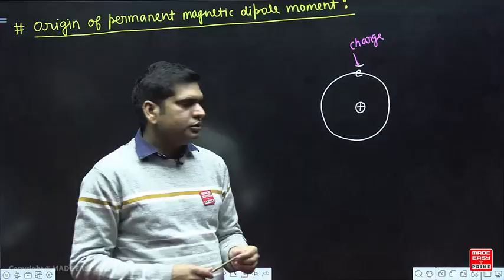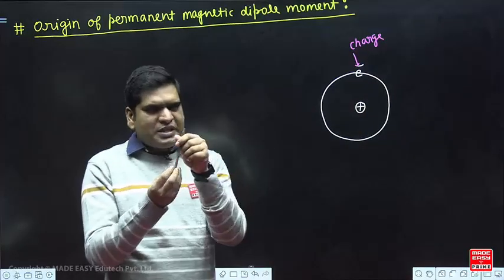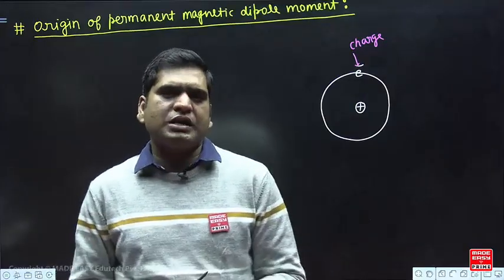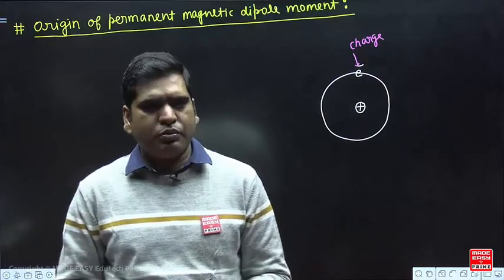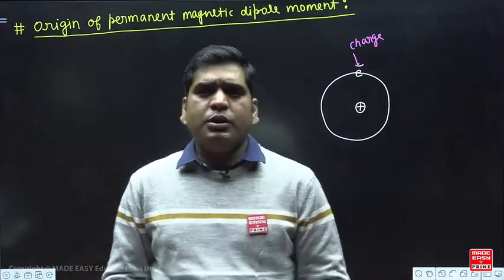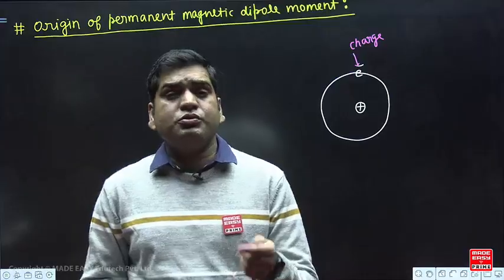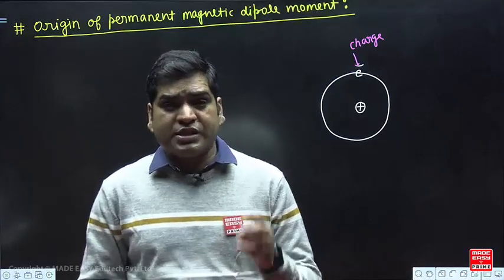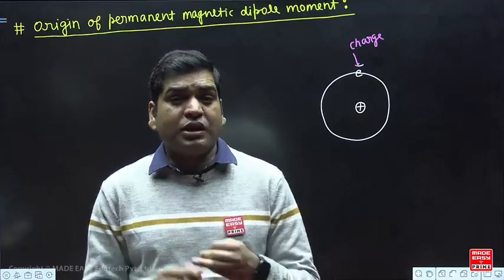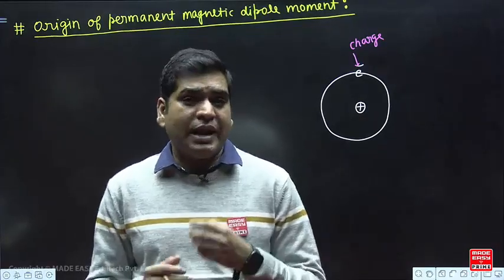The third one is that the nucleus also spins at its position. So this nuclear spin also contributes to the magnetic dipole moment. In general, at the atomic level, for a particular atom, there are three factors contributing to the magnetic dipole moment. First, electron orbital angular motion. Second, electron spin angular motion. And third, nuclear spin angular motion.